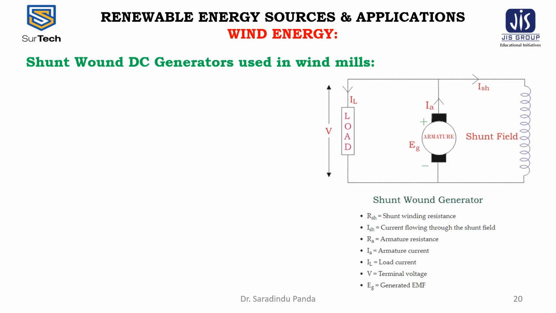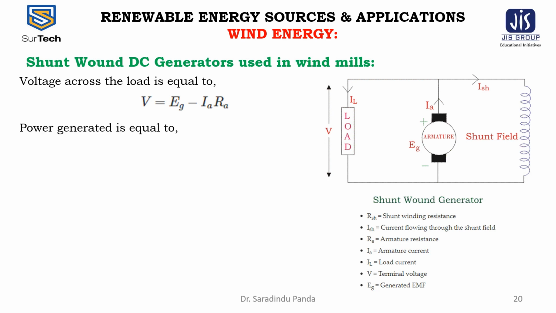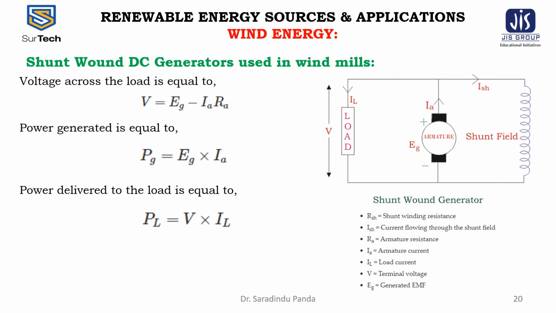The voltage across the load is V equals Eg minus Ia into Ra, where Ra is the armature resistance and Ia is the armature current. The power generated is Pg equals Eg cross Ia, and the power delivered to the load is PL equals V cross IL.